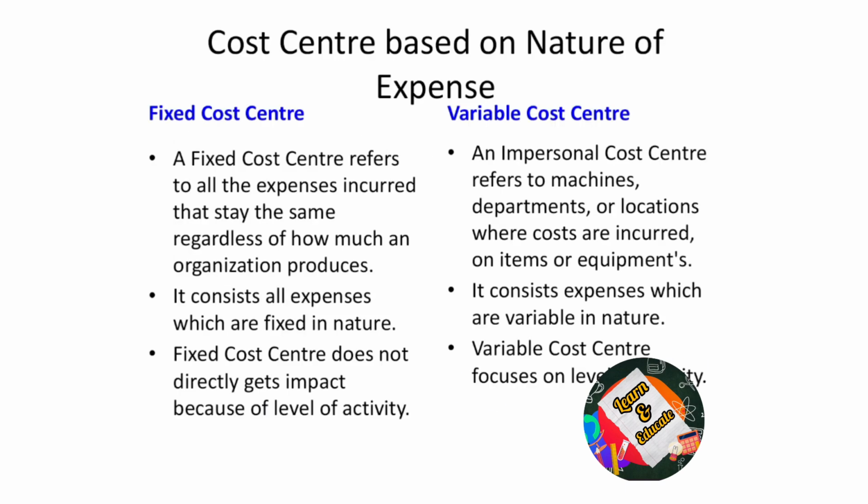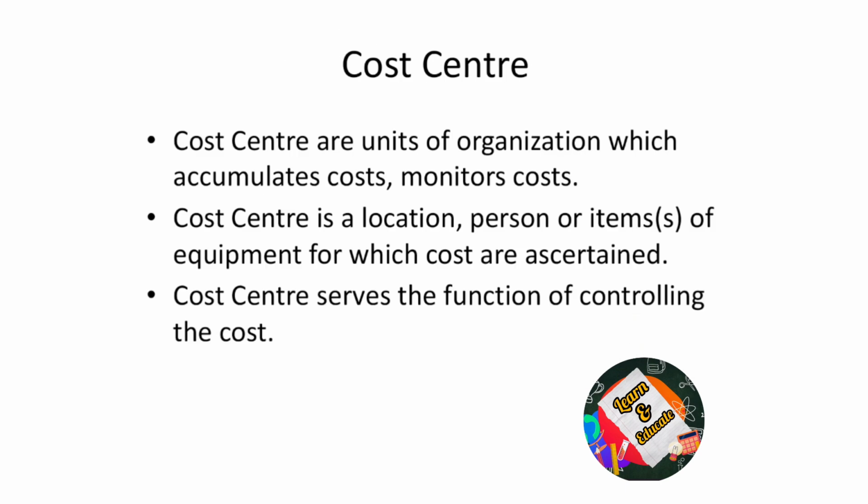Fixed cost: a fixed cost center refers to all the expenses incurred that stay the same regardless of how many units the organization produces. The variable cost center relates to expenses incurred with respect to the purchase of products and raw materials, where the amount of expenditure changes depending on the volume of production.